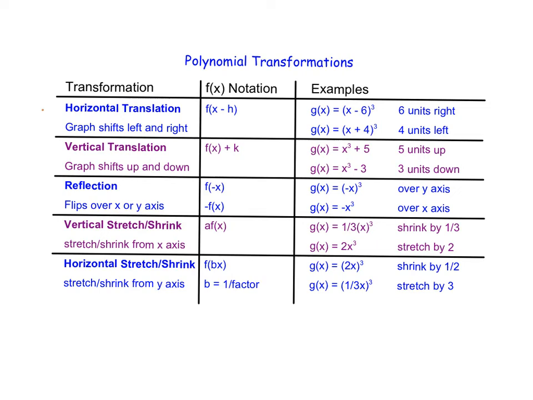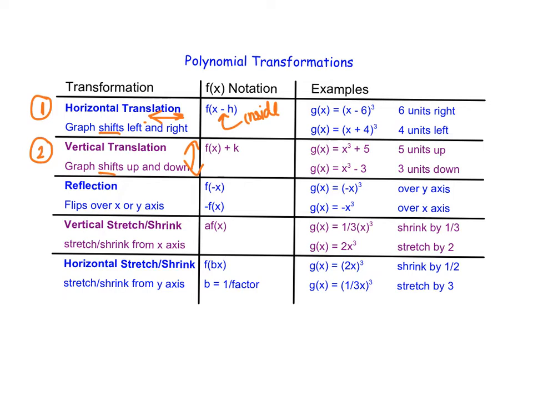So the first two that are important to know are the horizontal and vertical translations. Now, a translation is shifting or moving the graph around, either left and right, or up and down. Horizontal just moves the graph some units to the left and to the right, and vertical moves a graph some units up and down. Now, hopefully you remember those values of h and k. H is the value that we put inside here, and if we add or subtract a value from x, that value inside is going to shift the graph left or right.